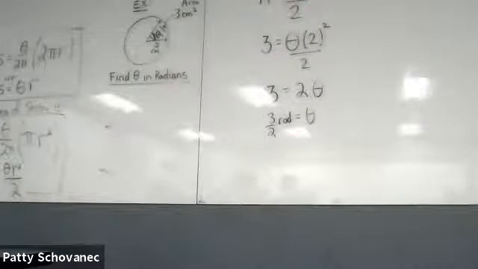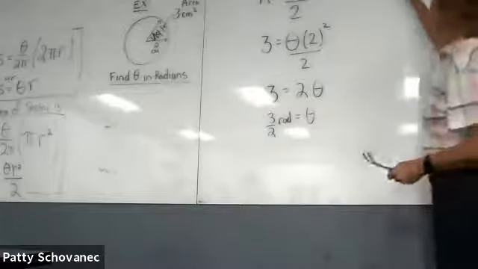Well, how big is 3/2 radians? I asked you to draw an angle and measure 3/2 radians. How big is pi radians? 3.14. So how big is pi halves radians? 1.57.